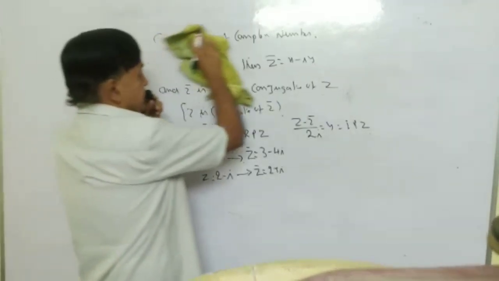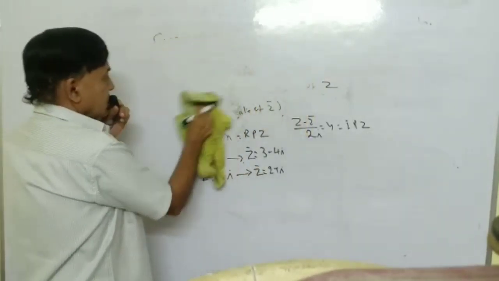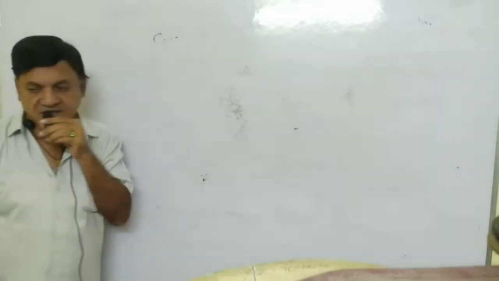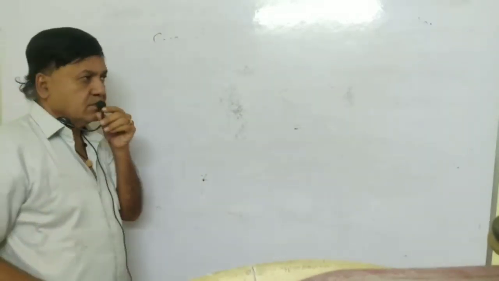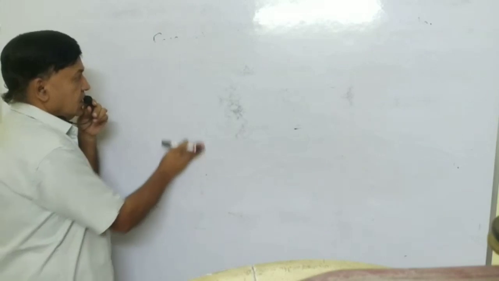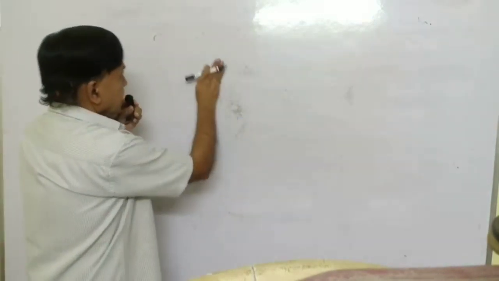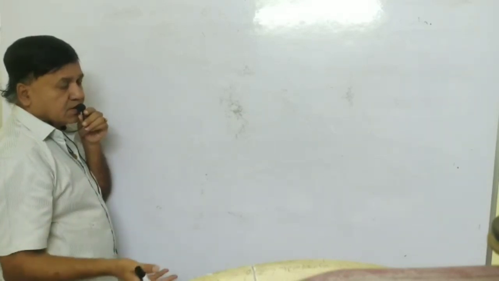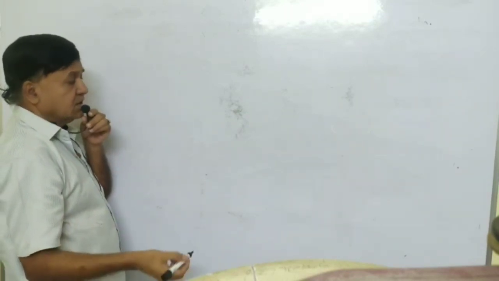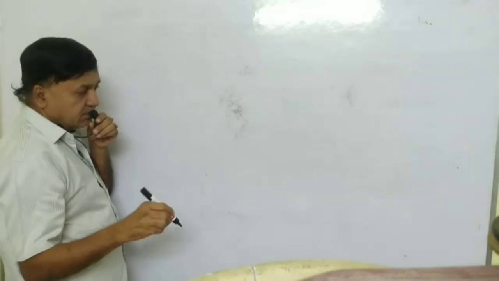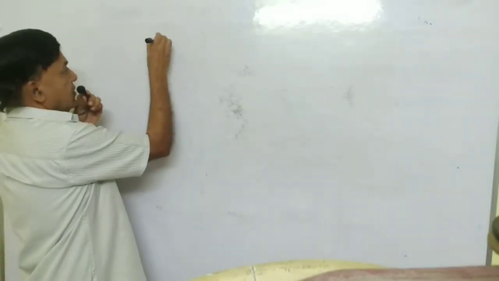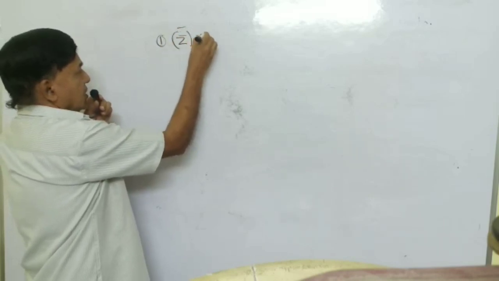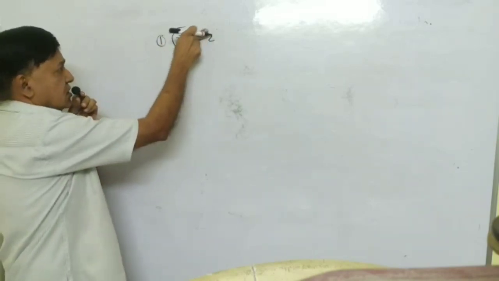Now listen. You should remember certain properties regarding conjugates. First I am going to tell you some simple properties. Later, after defining some more definitions, we will extend the properties of conjugate complex numbers. At present, you should remember the following points. Z bar whole bar is equal to z.